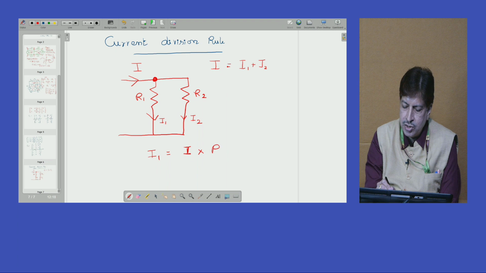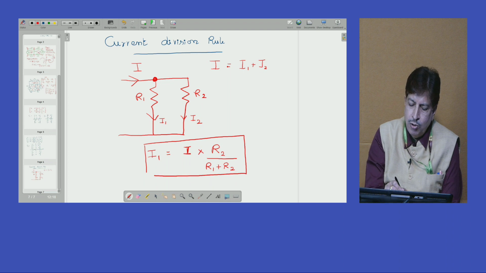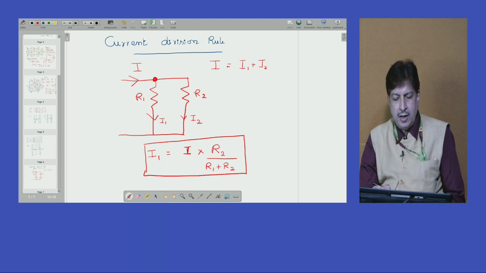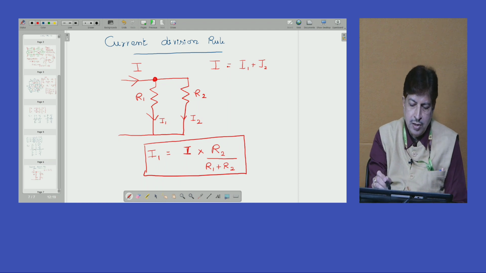The resistance parallel to R1 is R2, divided by the sum of these two resistances. See the importance of this. Suppose I want to know the current in R1, that is marked as I1. The resistance you need to consider is the one parallel to it, so I1 is I into R2 by R1 plus R2.